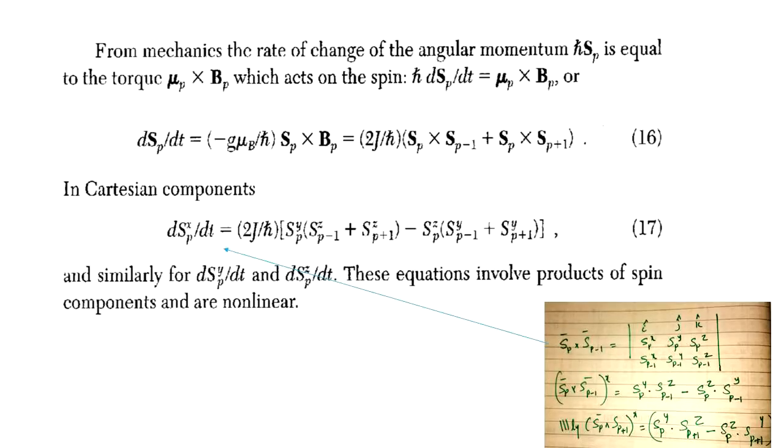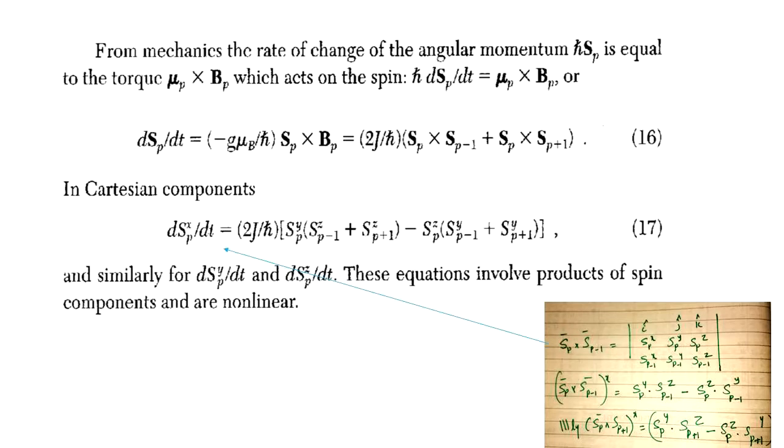If we have the p-th spin, there will be a torque acting on it. That torque, normally written as tau, is mu cross B, which can also be written as H cross dS by dt, that is, the rate of change of angular momentum. Torque is equal to the rate of change of angular momentum, so we can write H cross dS_p by dt is equal to mu_p cross B_p.